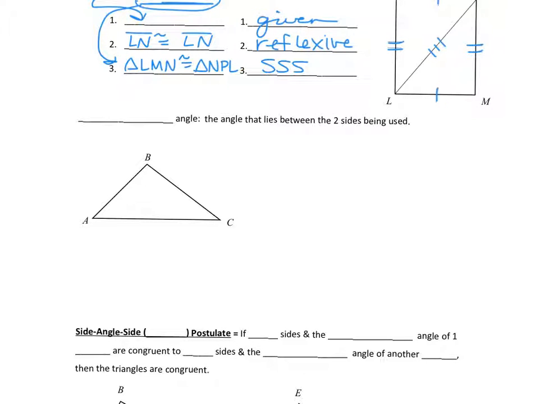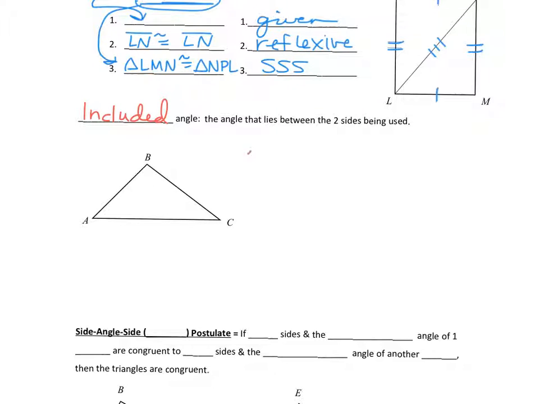The second one uses a term that I need to make sure you understand first. So we're going to first talk about the included angle. Think of it like if I want to be included, I want to be in the mix, right? I want to be right there. So an included angle is the angle that lies between the two sides that we're referring to.